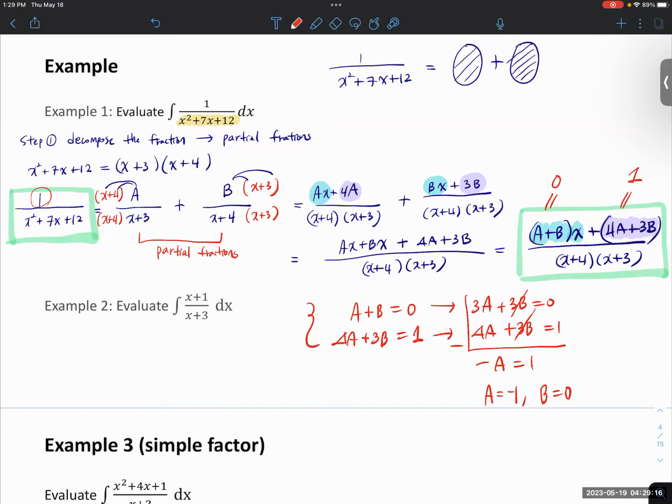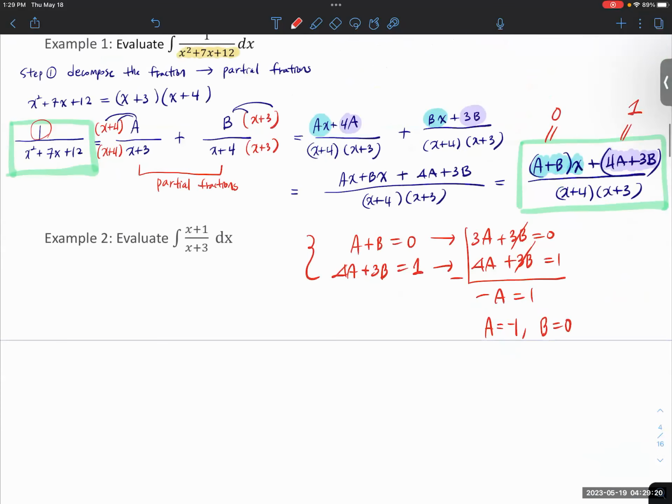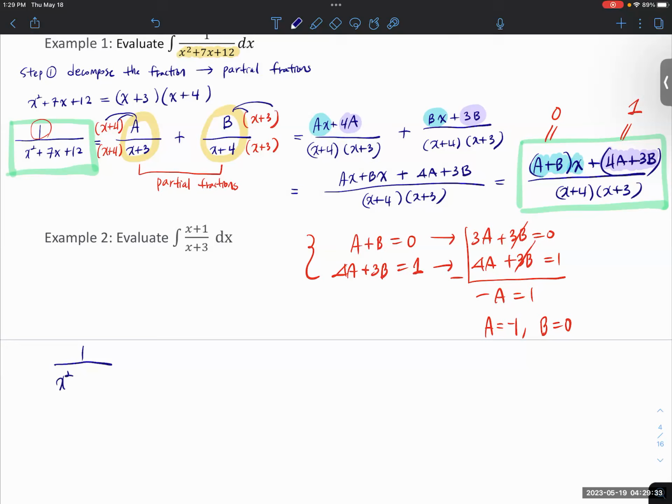So what I'm saying is now you can complete the partial fraction right there. Now we have a equal to negative 1, b equal to 1. So these are your two partial fractions, right? So therefore, 1 over x squared plus 7x plus 12 equals, plugging in, negative 1 over x plus 3 plus, b is actually, my mistake.